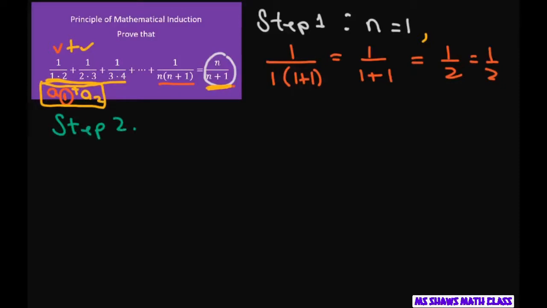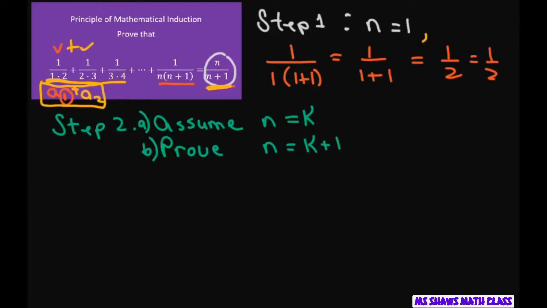Step 2 is you're going to assume that it's true for some n equals k, and then prove that it's true for n equals k plus 1. So this is like your A and B part of step 2.